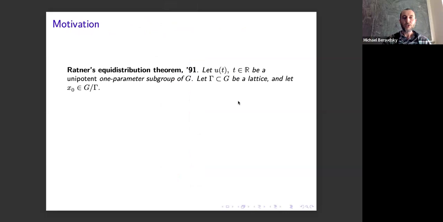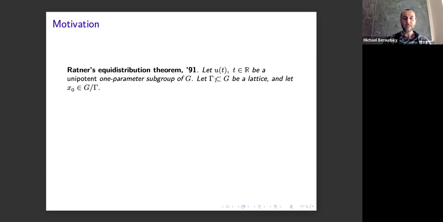Now I'll recall the main motivation. It's a classical, very important theorem of Ratner from '91. It's stated as follows. Let u(t) be a unipotent one-parameter subgroup. It's a subgroup generated by the exponential of a nilpotent matrix, or you can think of it as unipotent matrices in a one-parameter group.